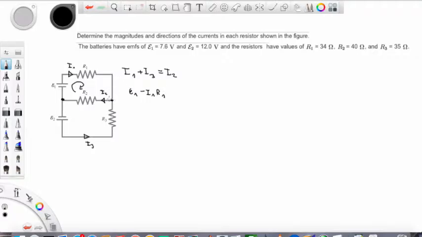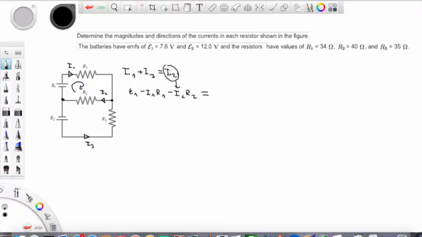So we are here. And then we come here, we now have I2 instead of I1. So I2 goes over this resistor, and because we're moving in the same direction as the supposed current, this will drop the voltage, so we get minus I2 times R2. And let's use this piece of information.